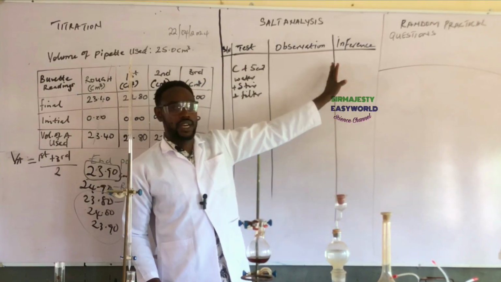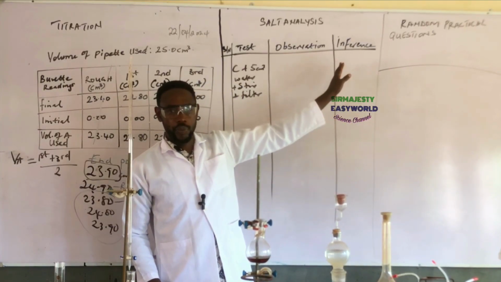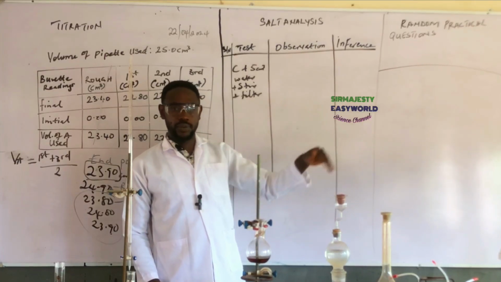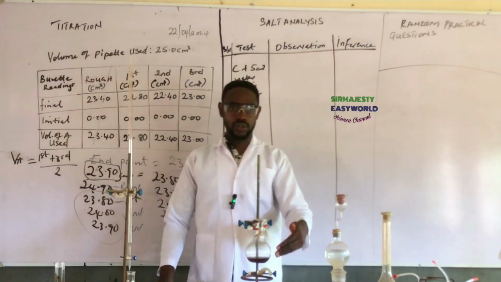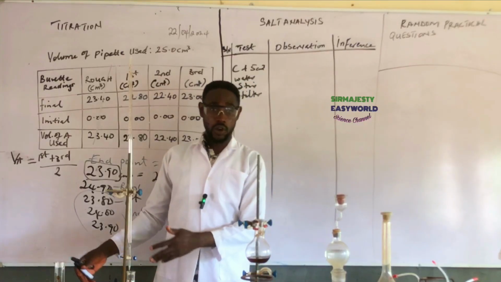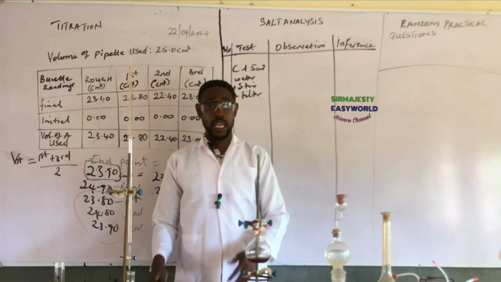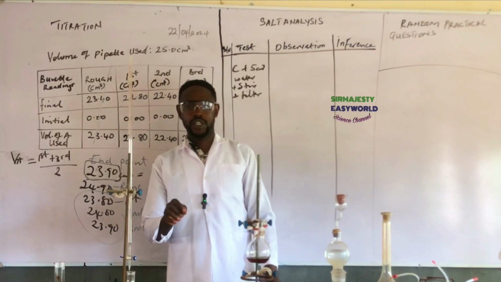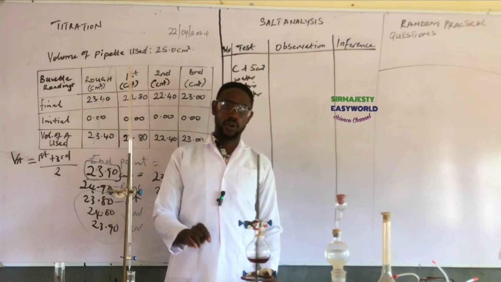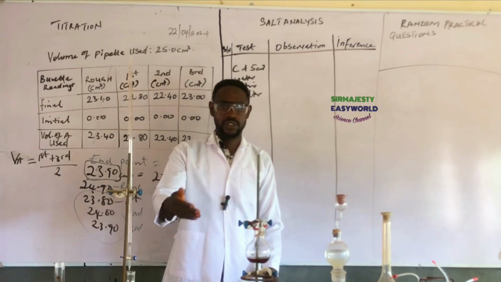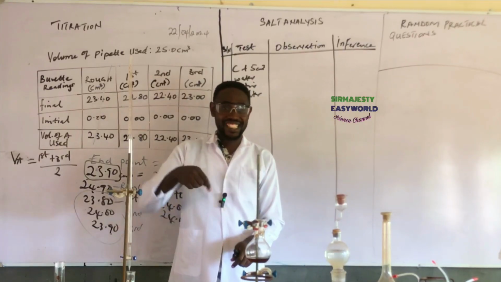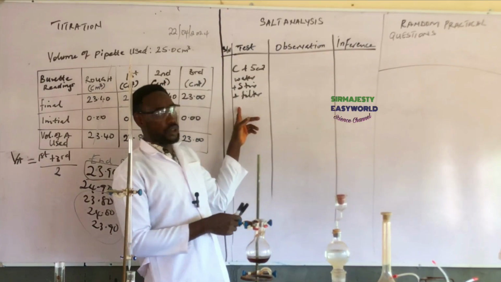So under here, you are writing likely or present, like I said earlier: sodium hydroxide in drops, unknown solution or first portion of filtrate plus sodium hydroxide in drops and in excess. You now see observation: white gelatinous precipitate formed in drops which dissolved in excess to form a clear solution. Dissolved in excess sodium hydroxide, that is the meaning of the excess of the reagent mentioned on that test.